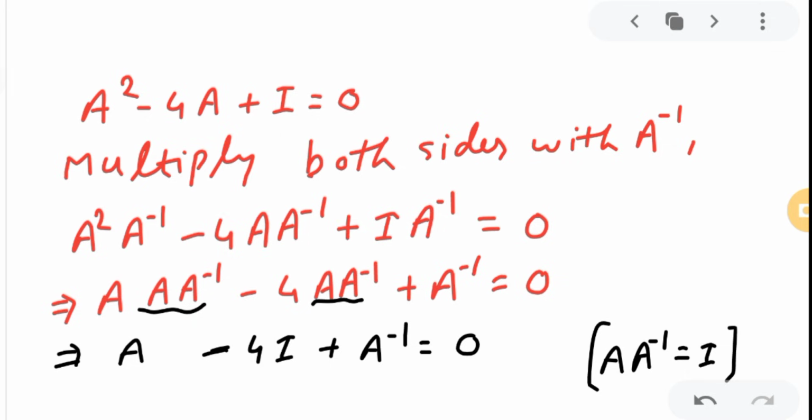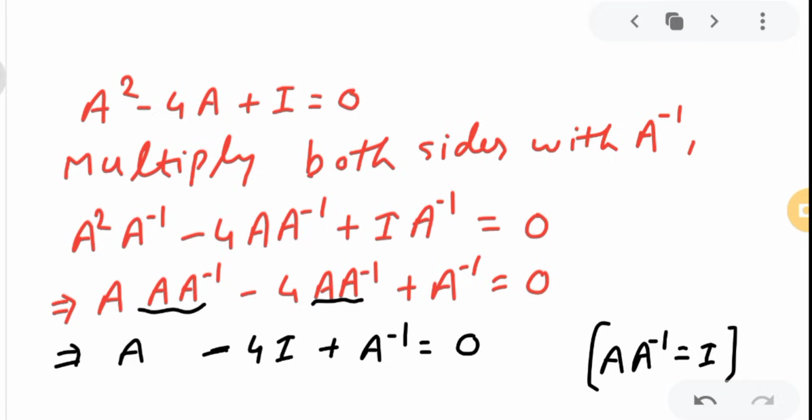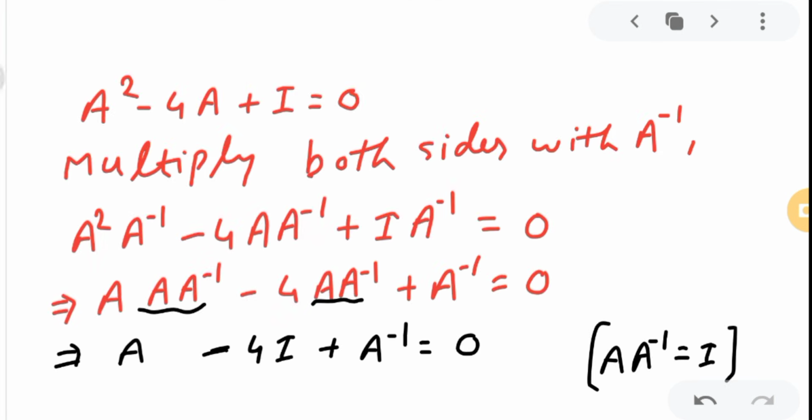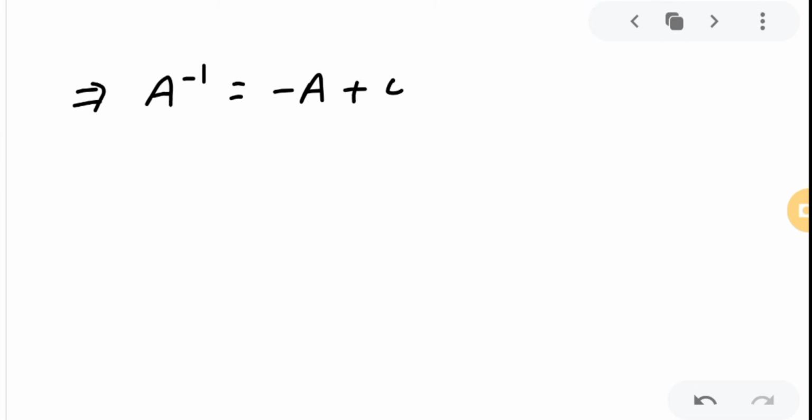And now we have to find the value of A inverse. So I keep A inverse on the left side and put everything else on the right side. When it goes to the right side, plus A will become minus A, and minus 4I will become plus 4I. So A inverse equals minus A plus 4I.